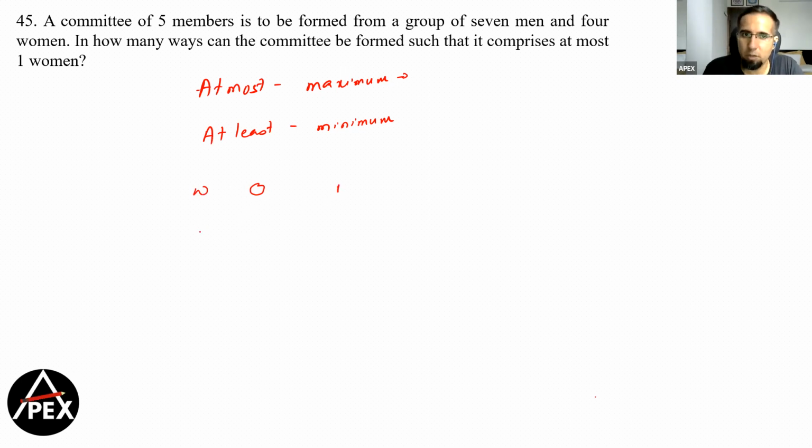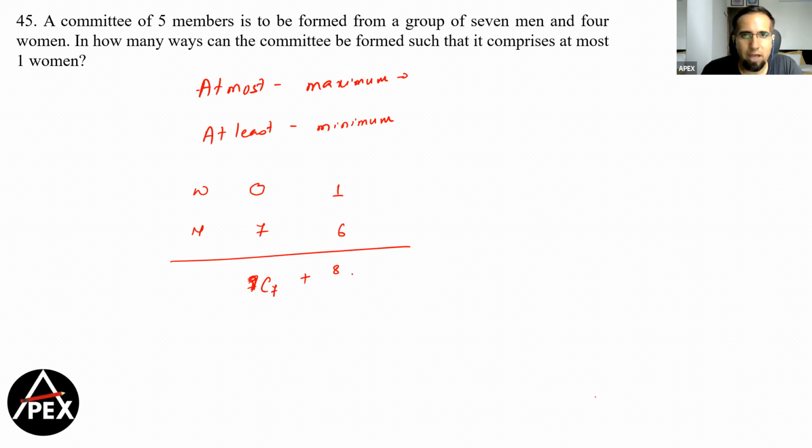If I have 0 women, the number of men will be 7. If I have 1 woman, the number of men will be 6. So 0 women and 7 men. So this becomes 9C7 plus I can have 7 men, no? So 7C7.